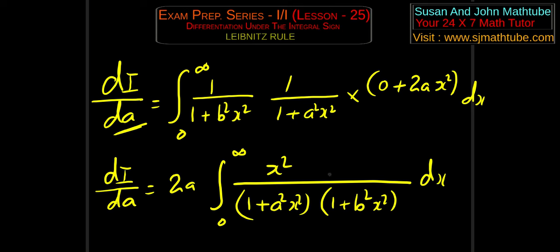So as before, time for partial fraction. Degree of numerator is 2, degree of denominator is 4, degree conditions are okay. I see x square, x square, x square everywhere, so the second condition is also okay. So time for partial fraction.